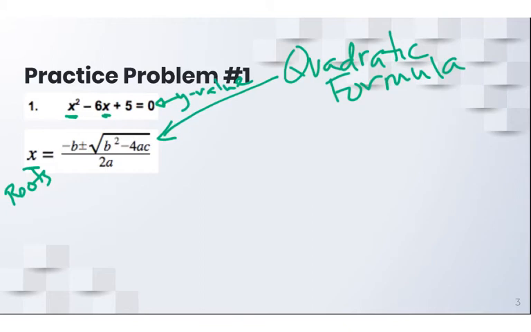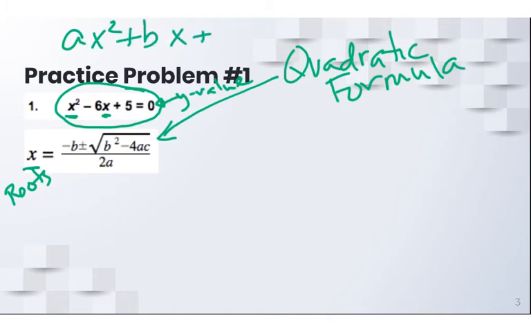All right. So hopefully what you got from the beginning is that once you have your quadratic equation, the a, b, and c come from that standard way of writing it, ax squared plus bx plus c.